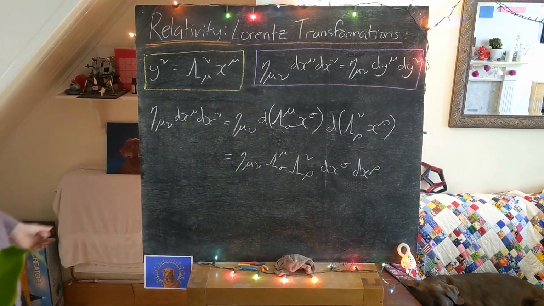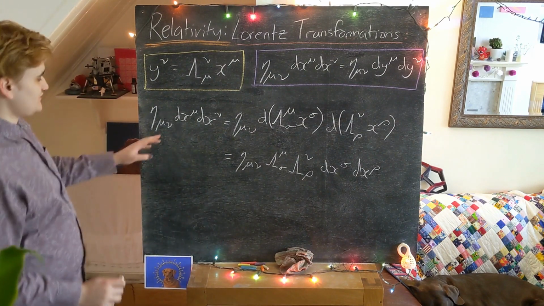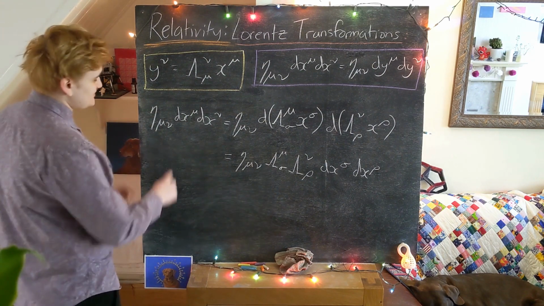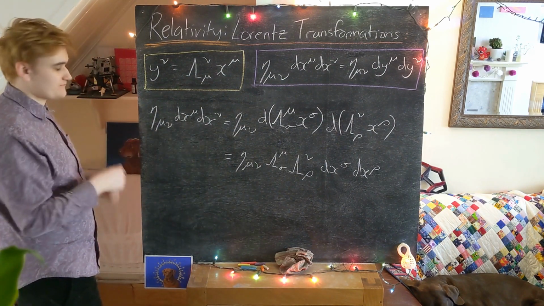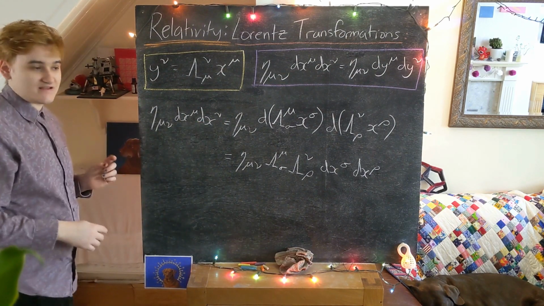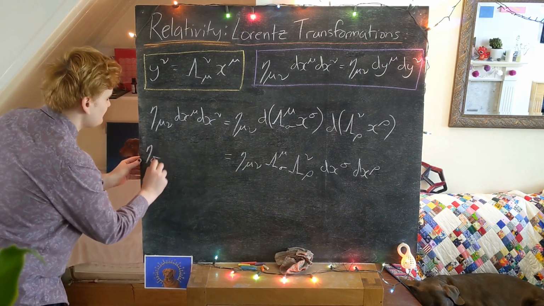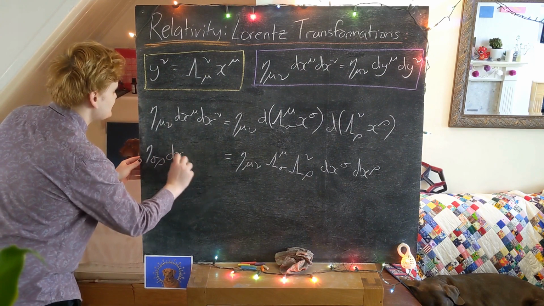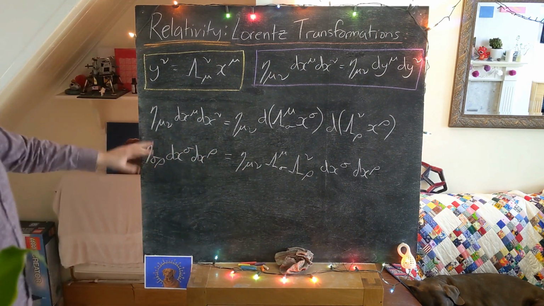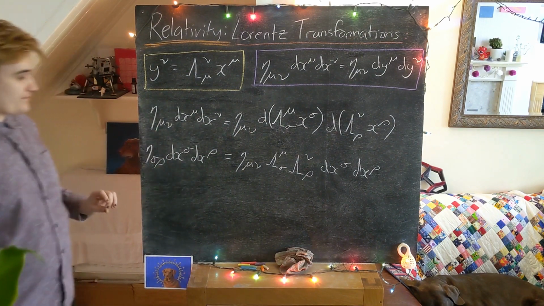Okay, now we have to compare these two expressions. Just to avoid any confusion which might arise with the naming of the indices, I'm just going to relabel indices on this expression. Remember, whenever we have a fully summed index, we can just relabel it to whatever we want. And so I can just now rewrite the left-hand side. I haven't changed anything, I've just relabeled mu to sigma and nu to rho.